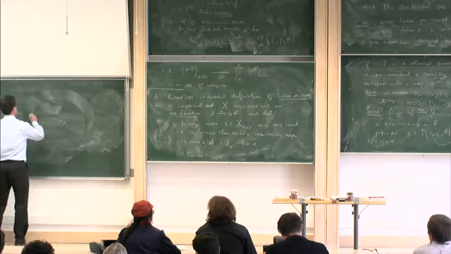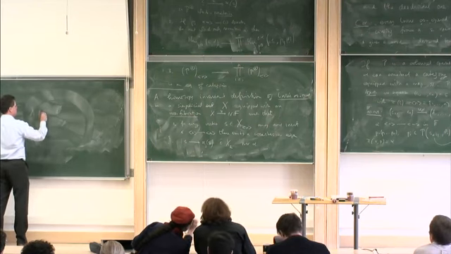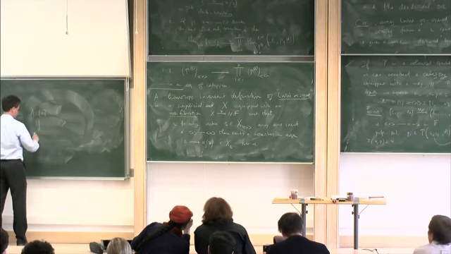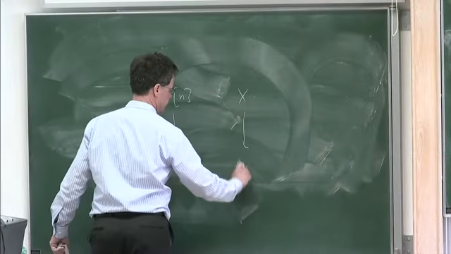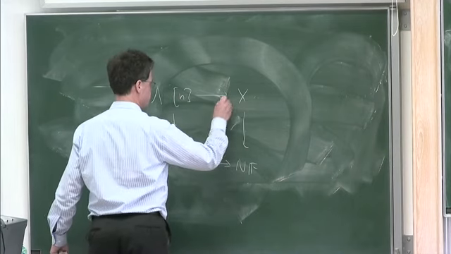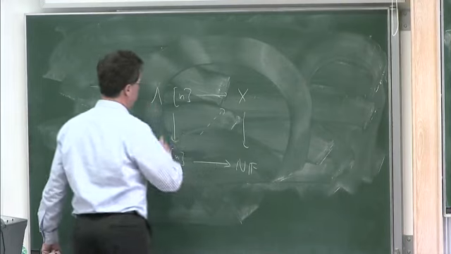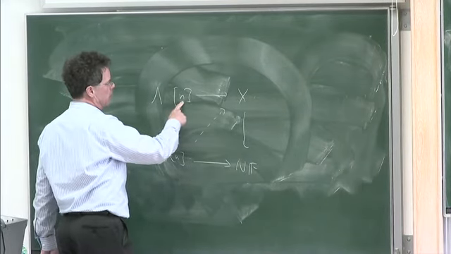But let me remind you of a diagram. For an inner fibration, I can put an index here, except 0 and n.